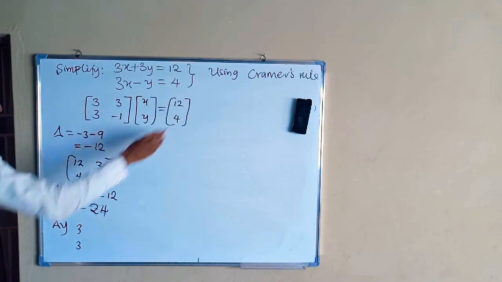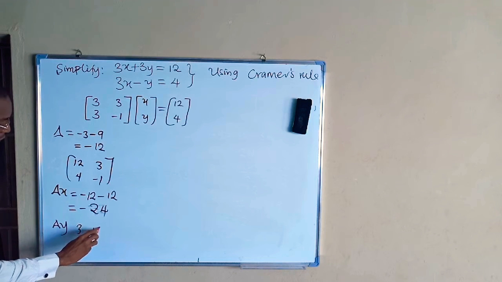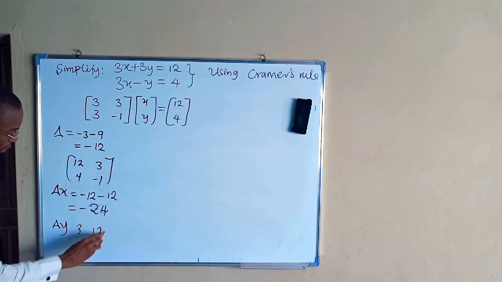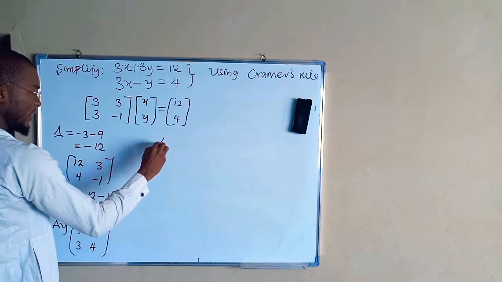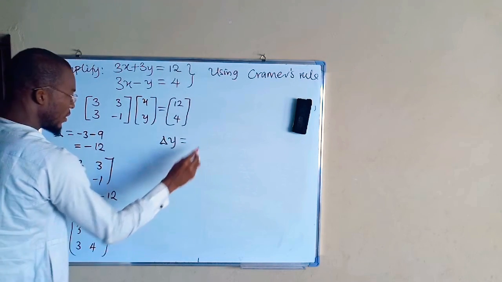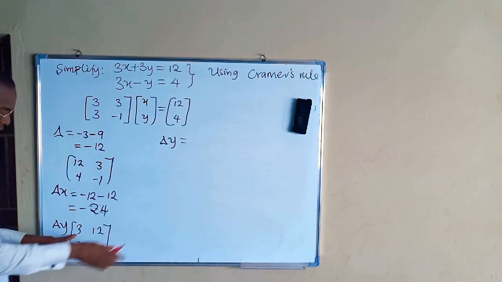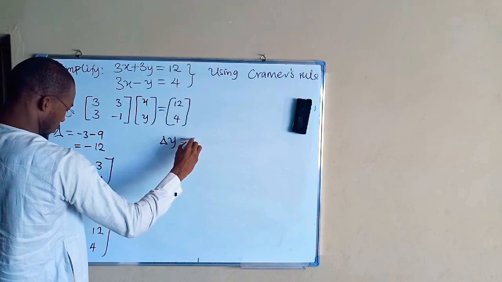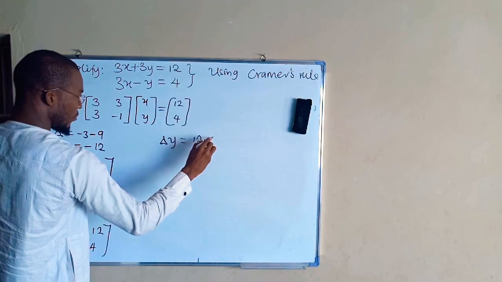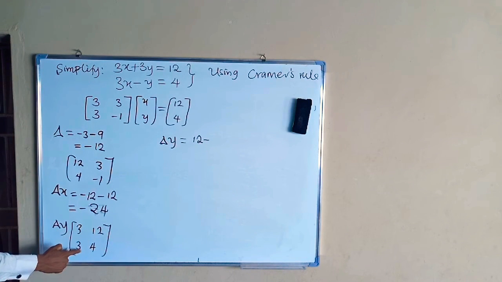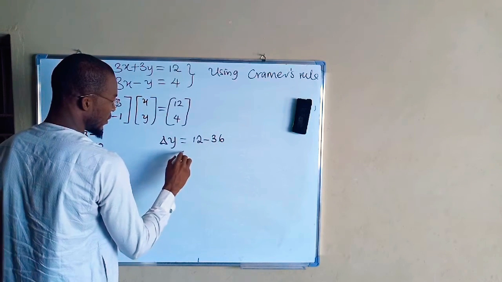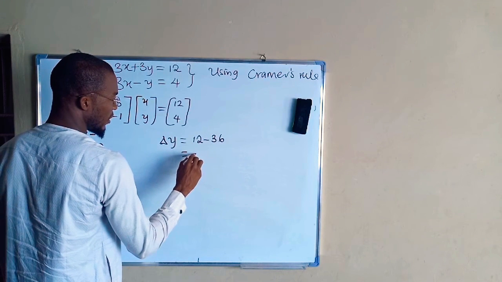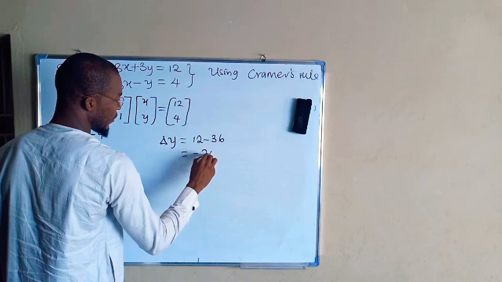Then instead of the second column, you replace it with the constant terms, which are 12 and 4. So delta y is the same thing as 12 minus this time this, which is 36. So delta y is equal to -24.